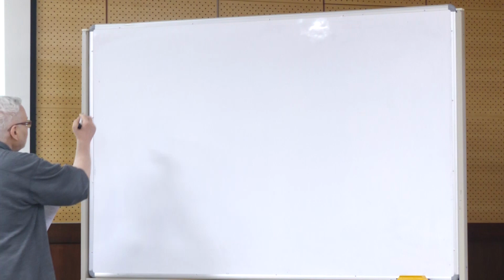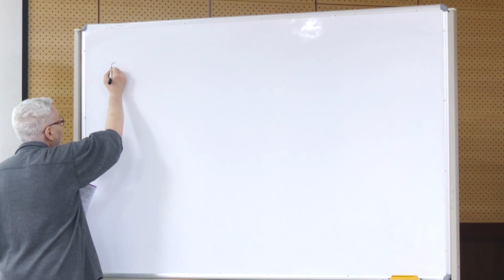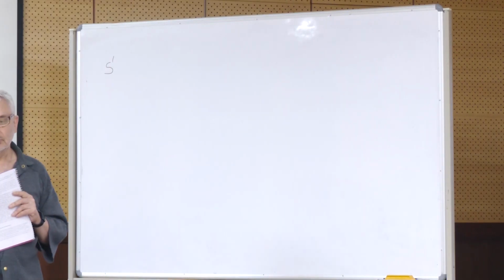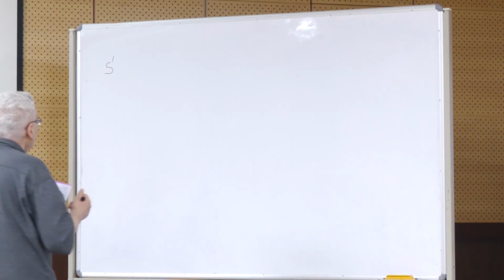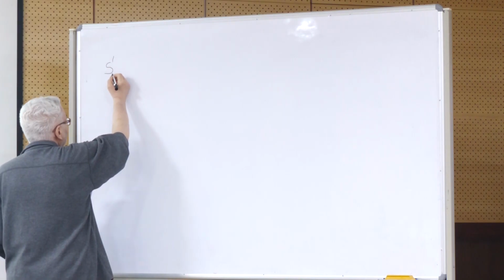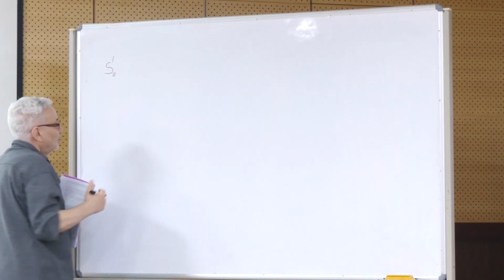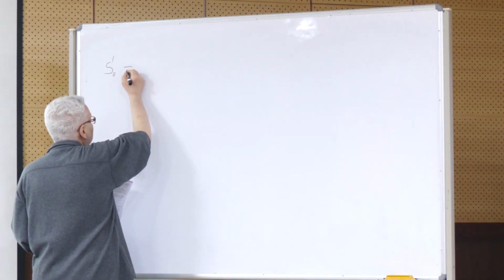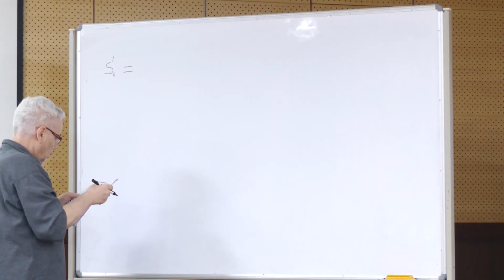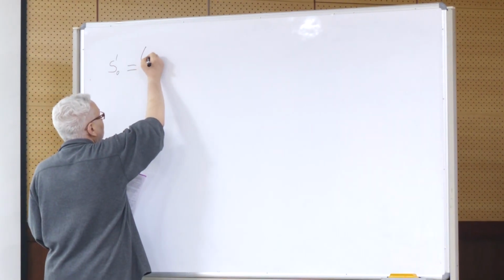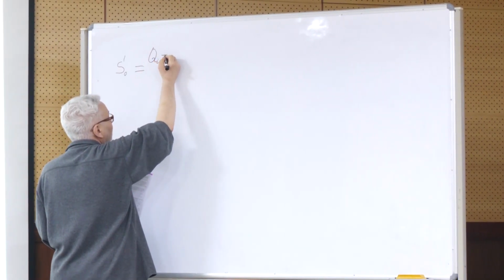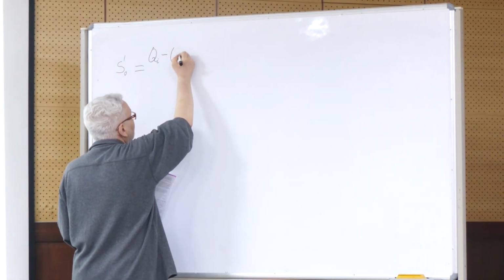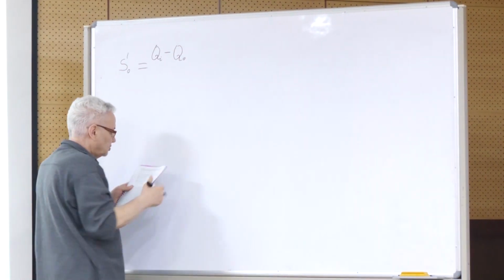So the main source of the convective instability, we mark it like this, small s prime with index 0. This can be represented via the input heat flux minus the output heat flux, which is given, of course.